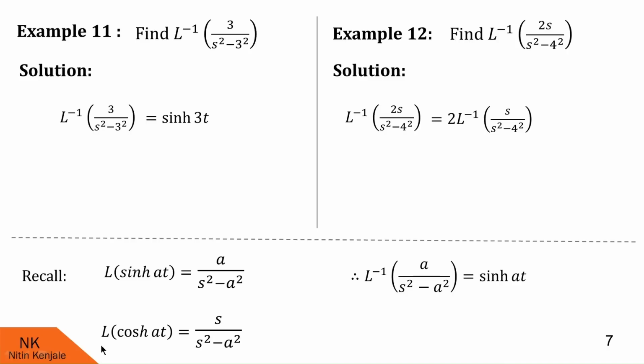If you don't remember, recall Laplace of cos h at, which is s upon s square minus a square. So here a is equal to 4. Therefore, L inverse of s upon s square minus 4 square is cos h 4t. So 2 cos h 4t is L inverse of 2s upon s square minus 4 square.